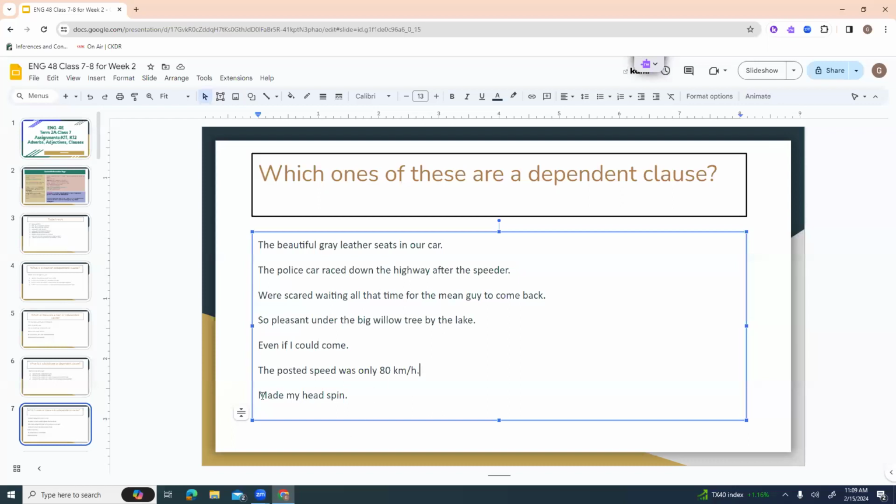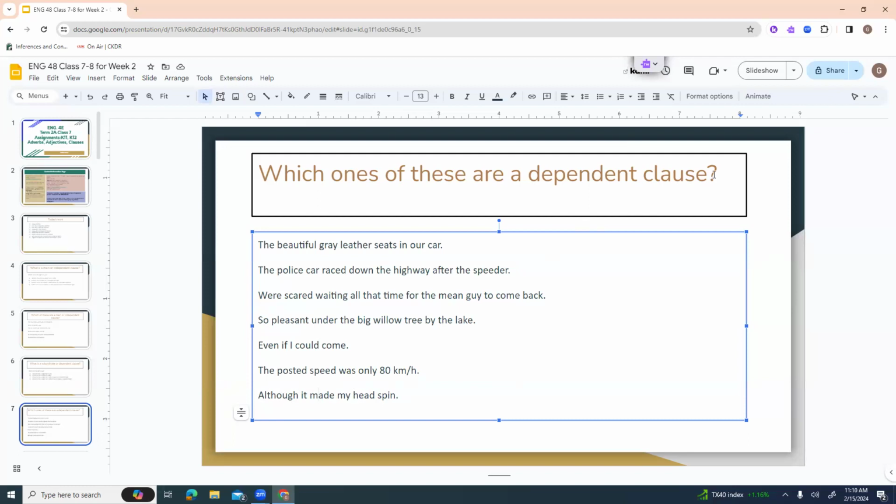If I said something like, although it made my head spin, now I've got a dependent clause because it's got a subject, it's got a verb, made, and it's dependent because of the subordinating conjunction.